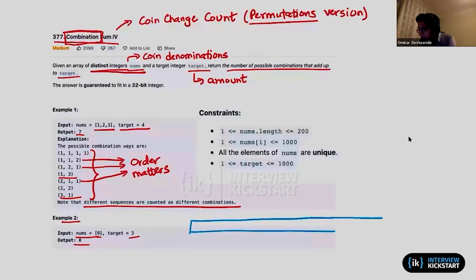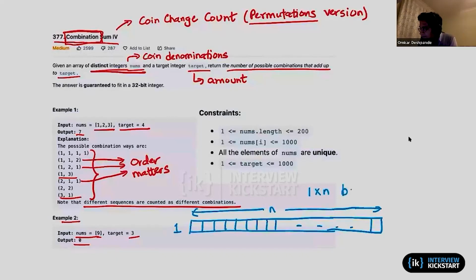So imagine you are given a 1 by n board of squares, and you're given a bunch of tiles. I should say 1 by t, just to be consistent.